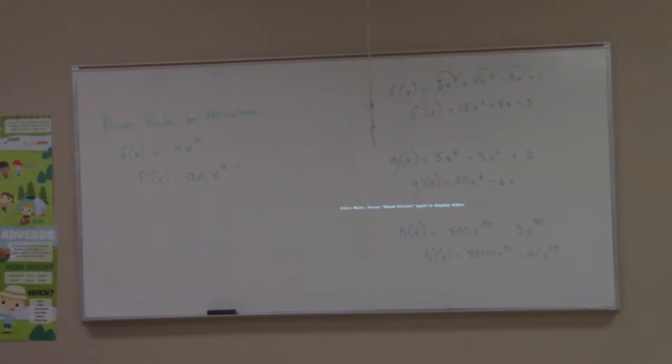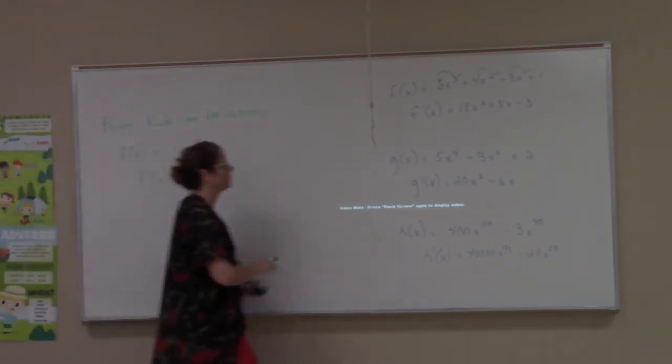So what's cool about that is it allows us to do some shortcuts, which is really nice because that definition of a derivative gets long and tedious and out of control. And we don't want to deal with it because we want to be able to look at some really cool functions. So, okay, let's just try some.